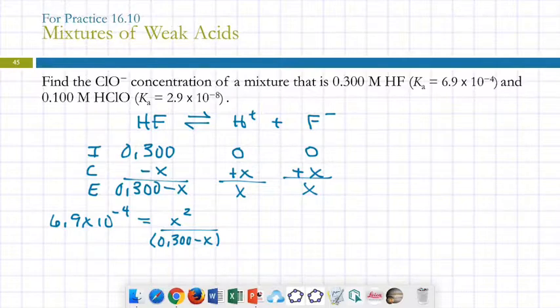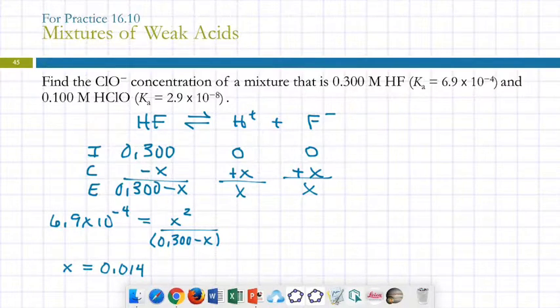And we're going to try that x is small approximation. Solving it with x is small, I get x is 0.014.